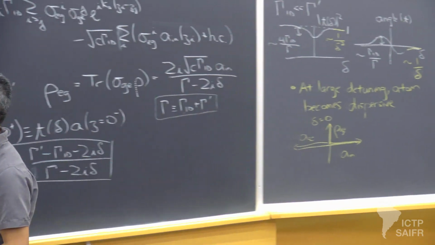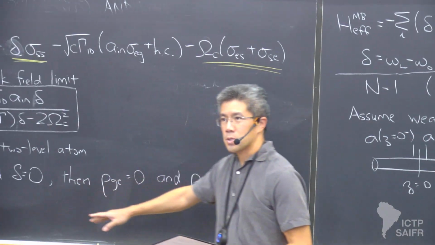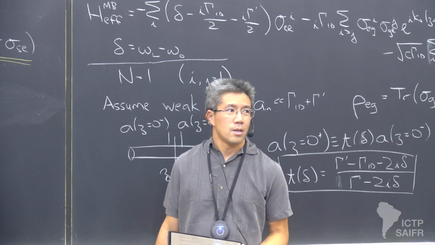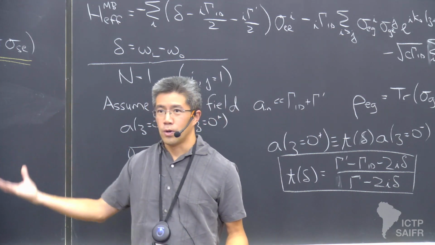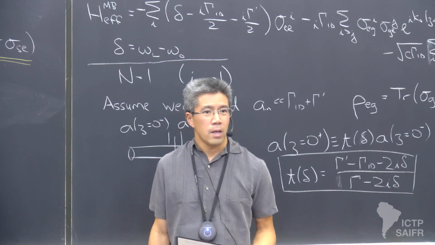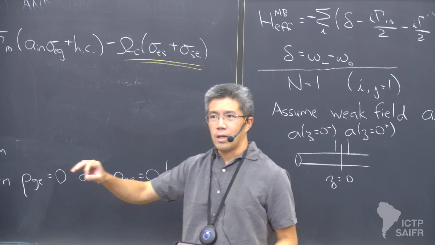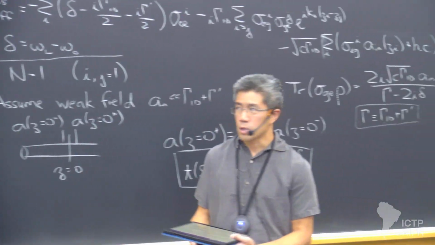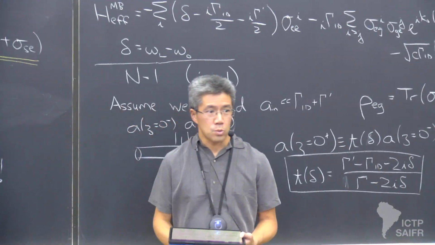But now, just by adding this third level and this control field, I again shine in light on resonance, and I have zero excited state population. So if the atom is not excited, it can't possibly emit a photon into other directions. And therefore, under this condition, the light that I send in has to be 100% transmitted. That's where this name electromagnetically induced transparency comes from.